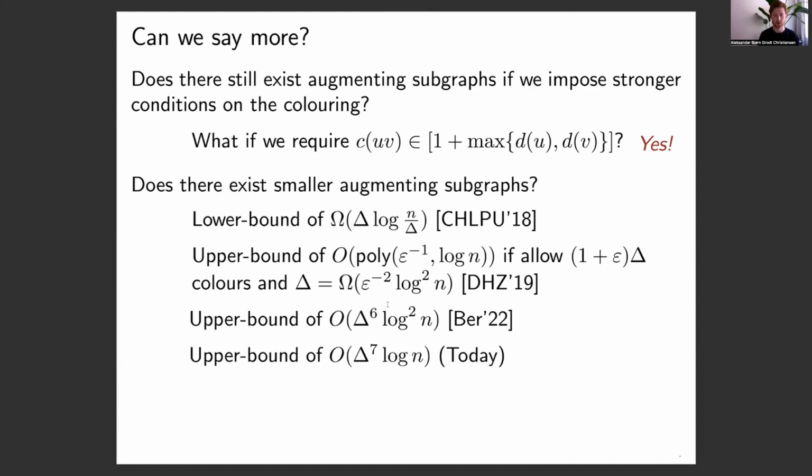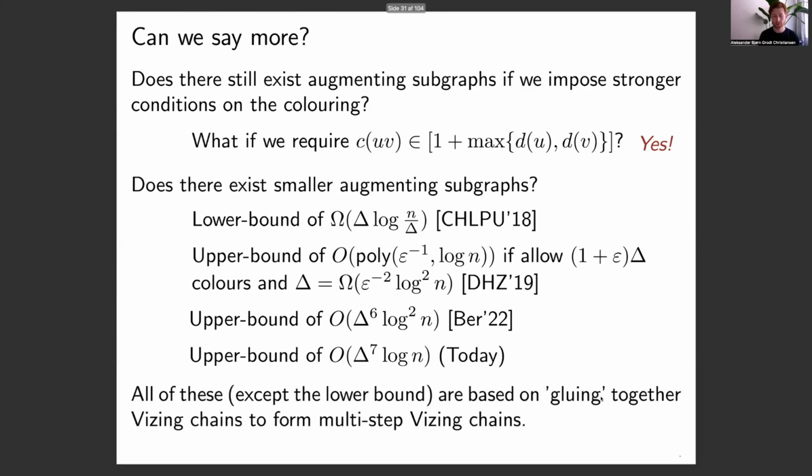Then it was shown that you can get roughly log squared n if delta is small, which is typically the regime we will be studying today. And today we'll show that actually we can get something that's tight in the dependency on n, but not the dependency on delta. And all of the upper bounds here are based on the idea of gluing together several Vizing chains to form what we shall call multi-step Vizing chains.